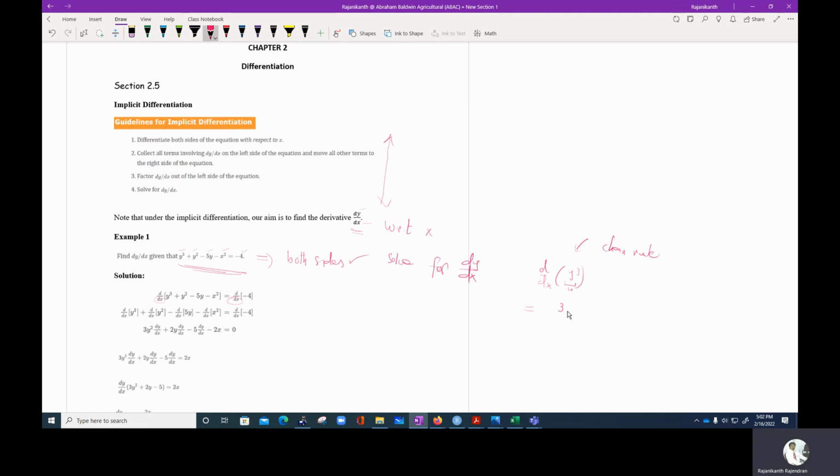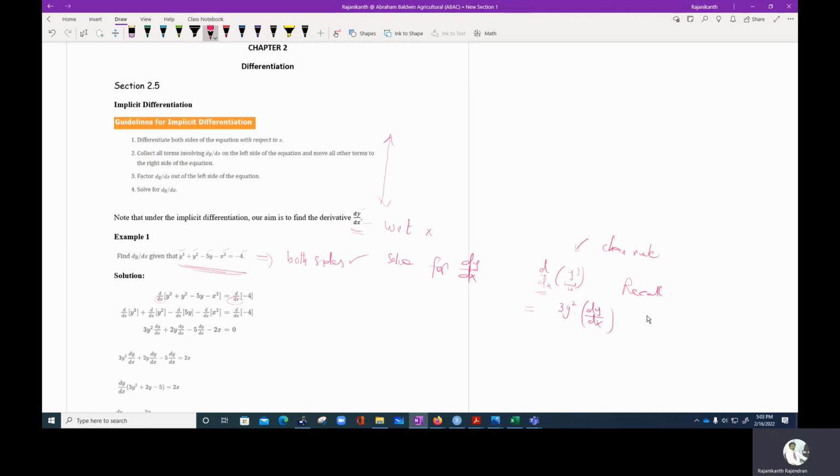Here u is now y, so 3y squared. Then the chain rule says that after taking the derivative with respect to y, you have to take the derivative of y with respect to x, because you are finding the derivative with respect to x. So this is coming from the chain rule we learned last time.